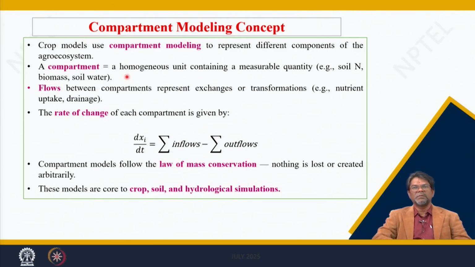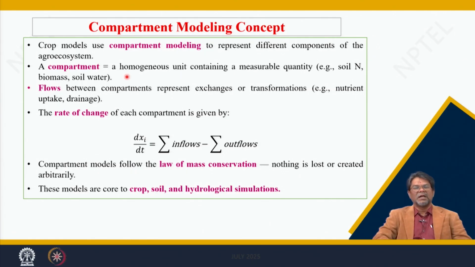These are the state variables that are represented by a compartment. We will discuss the different symbols of these compartment models. Then flows between compartments represent exchange or transformations, such as nutrient uptake, drainage of water, biomass partitioning, and flow of biomass. That can be represented using these compartment model symbols.